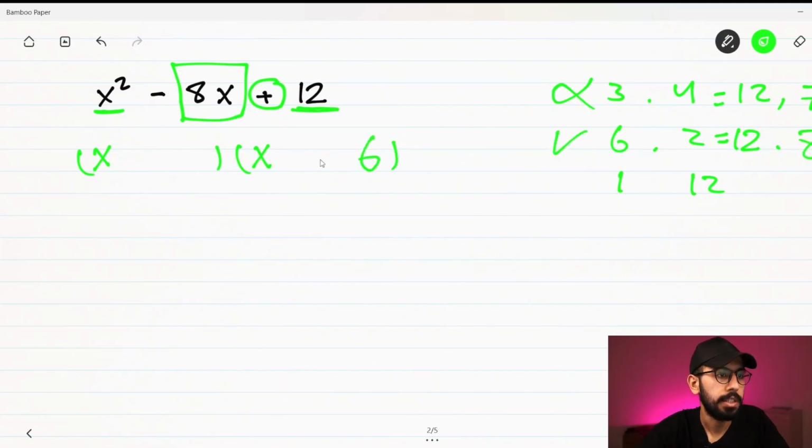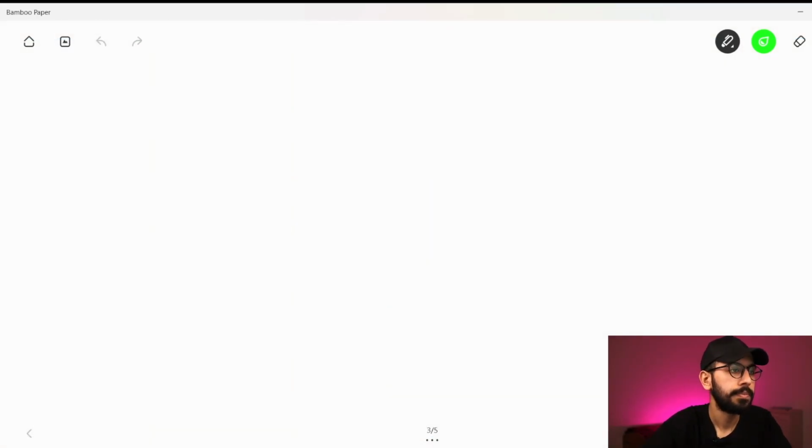We put the 6 here and the 2 here. And like we said, we have positive here, so the two brackets will have the same sign, which is the sign of the middle term, which is minus, so the two of them will be minus.